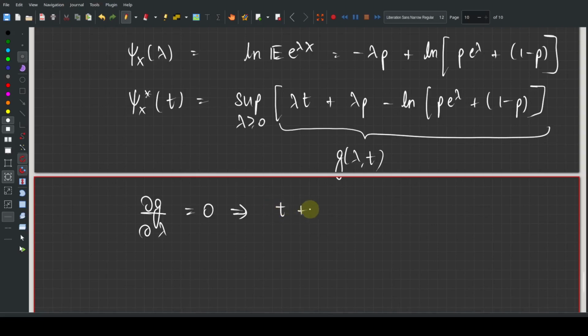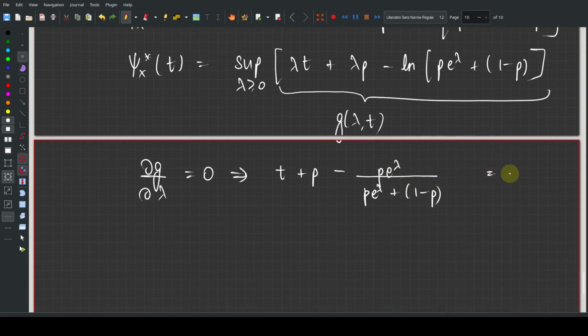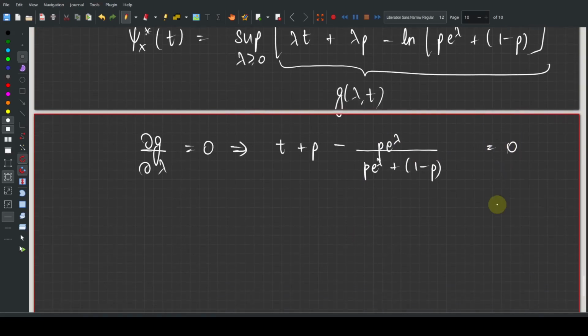It is t plus p minus p e to the lambda divided by p e to the lambda plus 1 minus p. Right? So this is equal to 0. So what is lambda equal to?